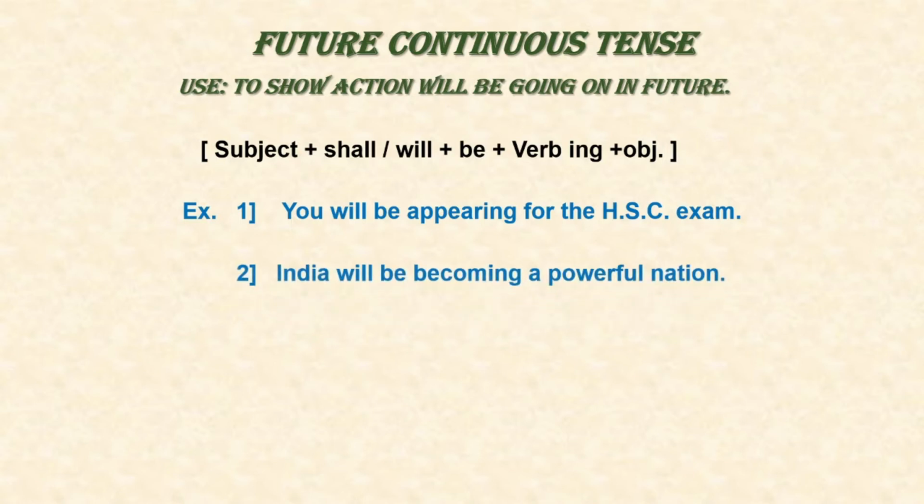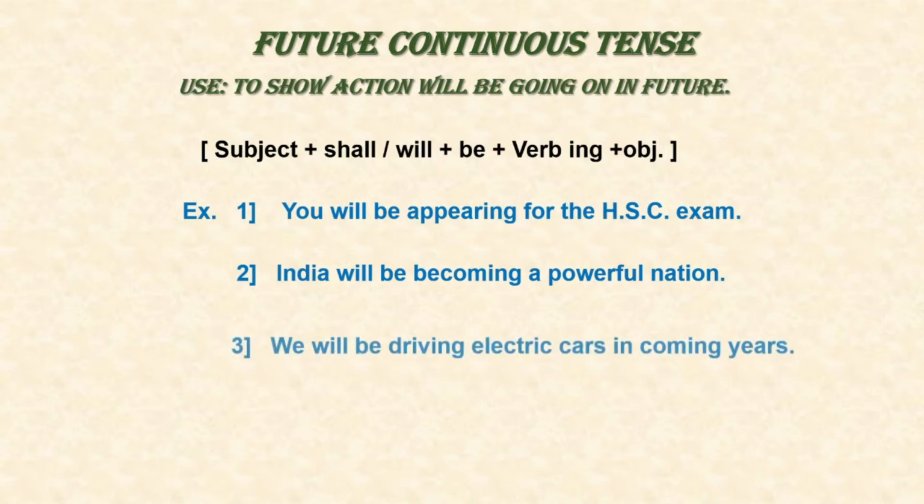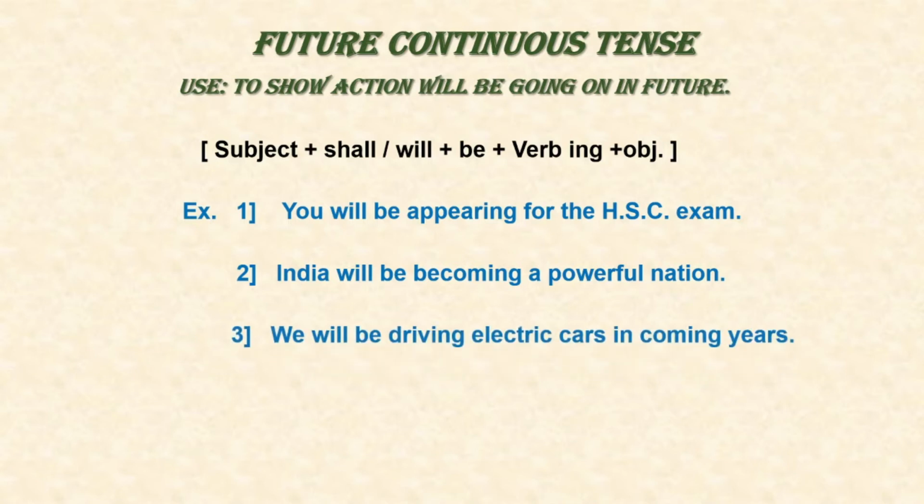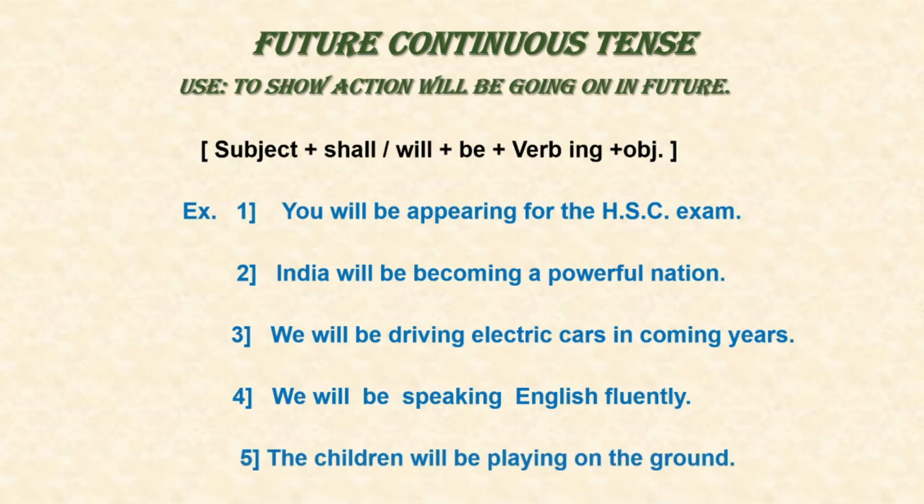Second one, India will be becoming a powerful nation. Third one, we will be driving electric cars in coming years. Fourth one, we will be speaking English fluently. And the last one, the children will be playing on the ground.